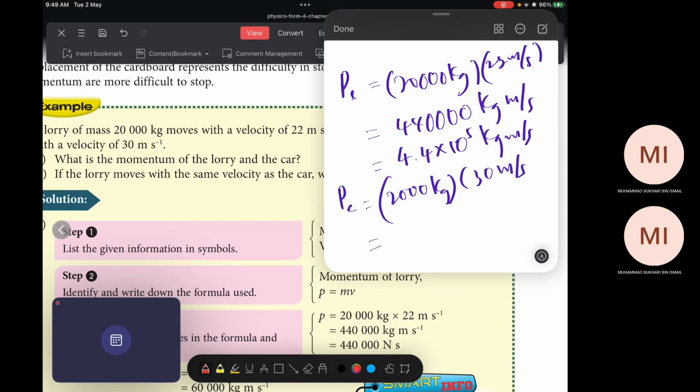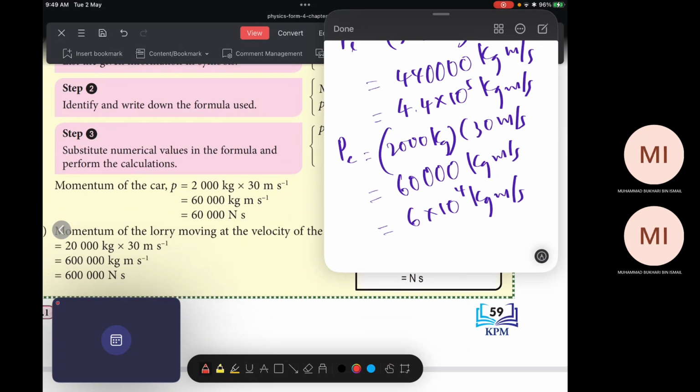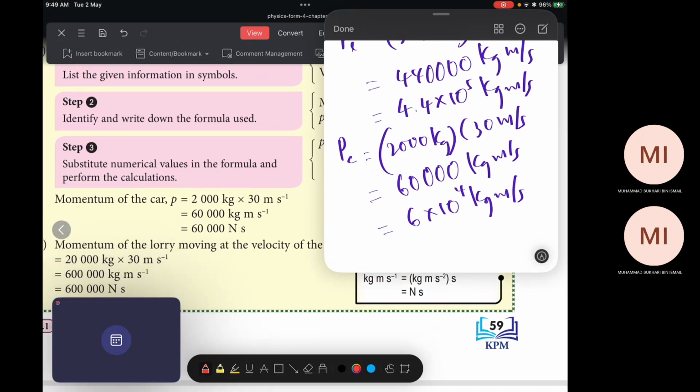So what is the answer? 60,000. Betul. Okay, kilogram meter per second. So if you convert the SI unit, you get 6 times 10 power 4 kilogram meter per second. Okay. Dah dia.